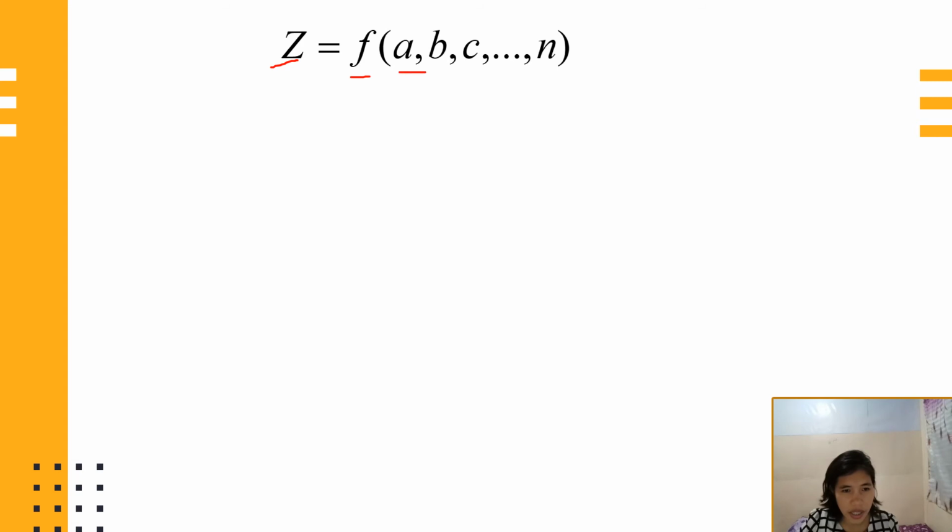If we go back to the concept of error propagation, we have Z, which is equal to f as a function of a, b, and c, and so on. The a, b, and c are the individual measurements. In the problem, a, b, and c are the length, width, and height. So f is the volume of the rectangular tank.